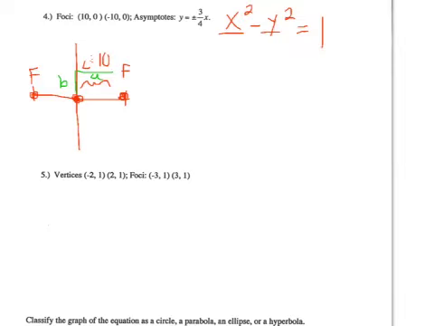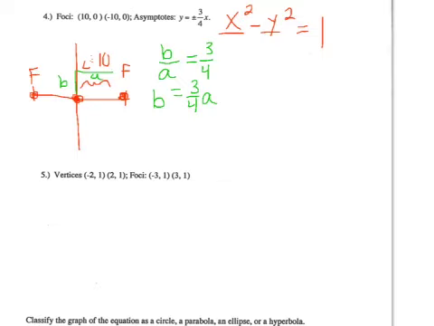Unfortunately, we don't know what these vertices are. The only hint that we're given is that b over a equals 3/4, or we know that b equals 3/4 a.